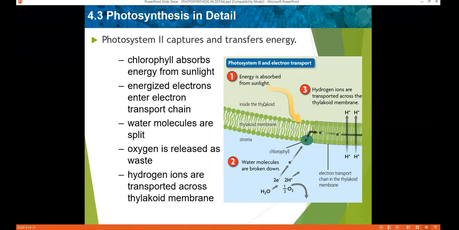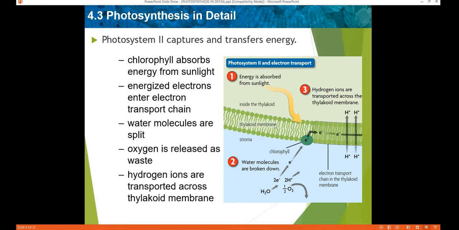The chlorophyll and other light absorbing molecules in the thylakoid membrane absorb energy from the sunlight. Then the energy is transferred to the electrons. You can see in step 2 here, high energy electrons leave the chlorophyll and enter the electron transport chain, which has a series of proteins in the membrane of the thylakoid.